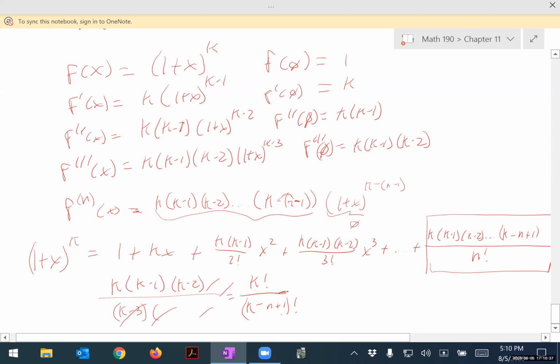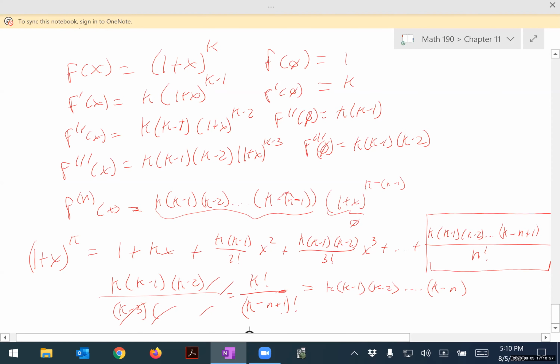I don't know if I'm explaining this real well, but this gives us k times k minus 1 times k minus 2 dot dot dot all the way up to k minus n plus 1.